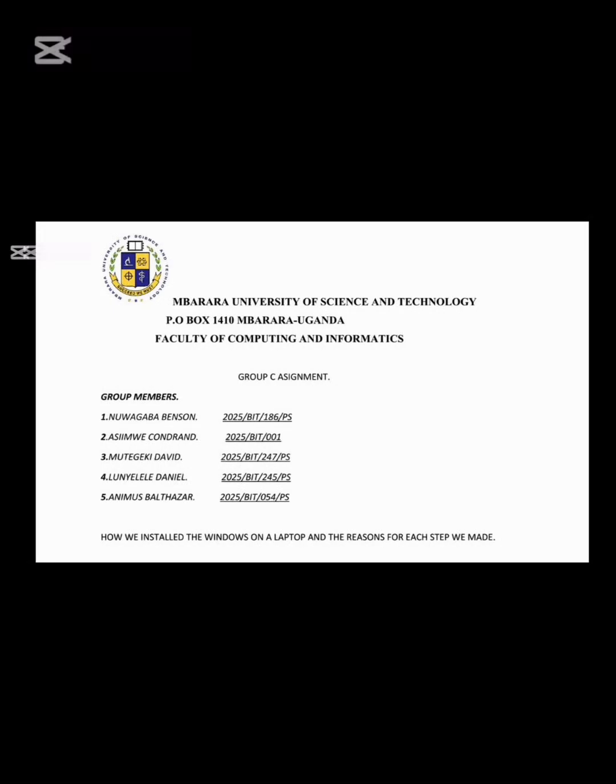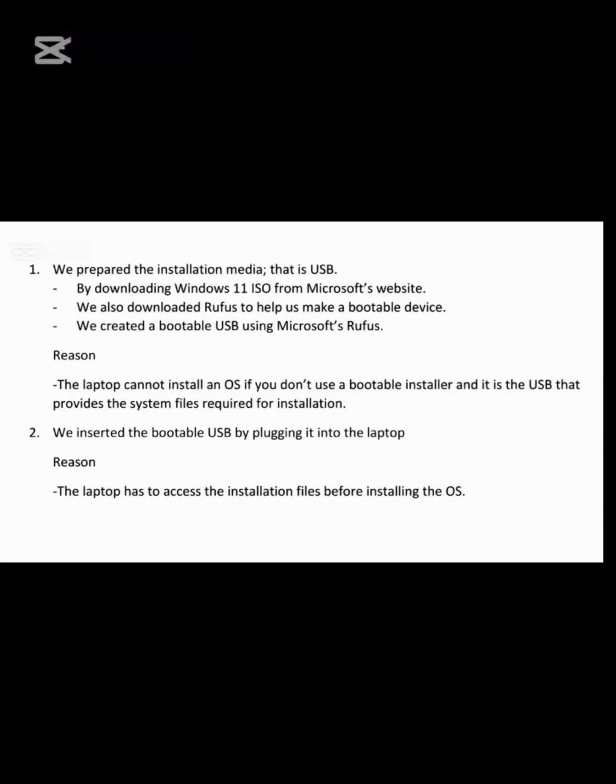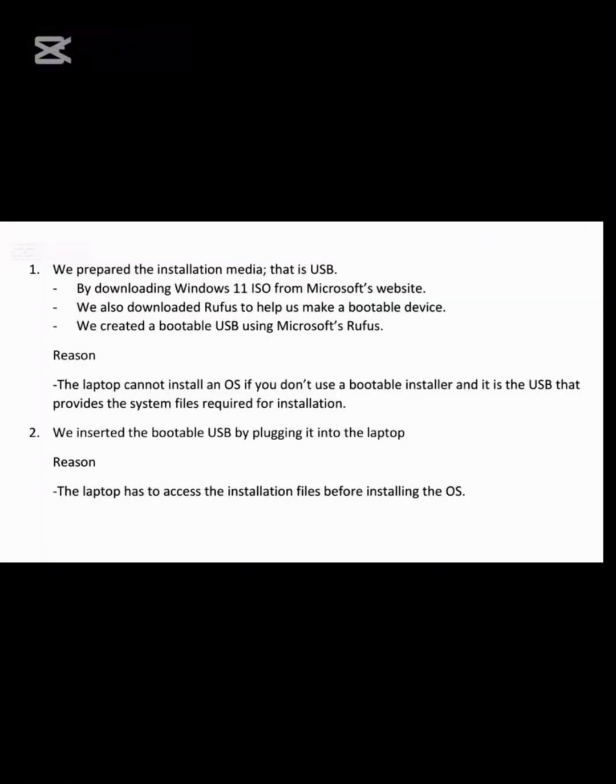My name is Lunyilele Daniel, doing BIT, and this is how me and my group installed Windows 11. First step, we prepared the installation media, that is a USB, by downloading the Windows 11 ISO from Microsoft's website.